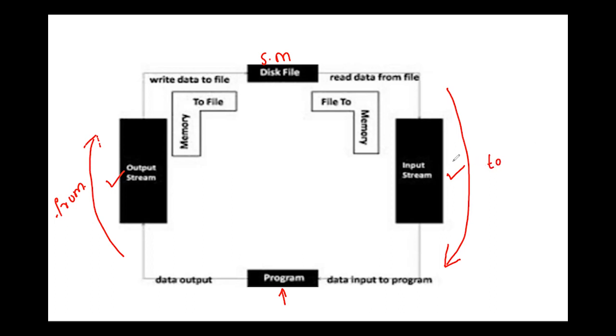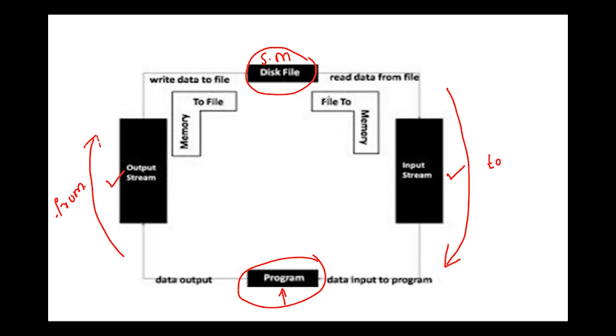So what is an input stream? An input stream reads the data from the file and hands it over to the program. The stream that receives the data from the program is known as the output stream. See here exactly what is happening. I have secondary memory here and a program here. If a program is executing, obviously, if we are fetching the data from the file, I need to read the data from the file.